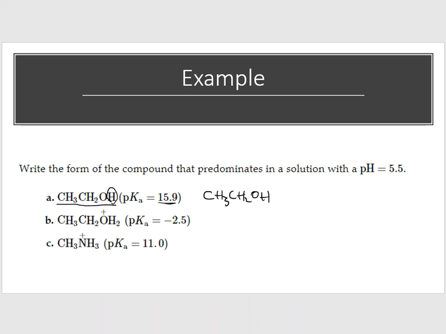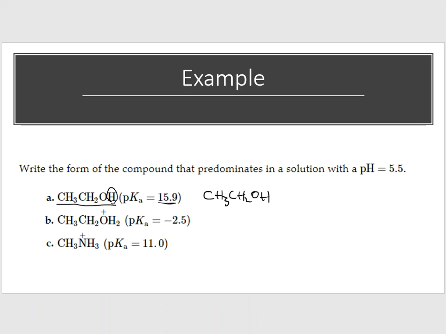For part B, this is a protonated alcohol. And this protonated alcohol, we know, plummeted in pKa value. We saw that in our table very early on. And it gives me the pKa value here, in case we didn't remember it. The particular pKa value for protonated ethanol is negative 2.5. All right, well, pH of 5.5 is above negative 2.5.